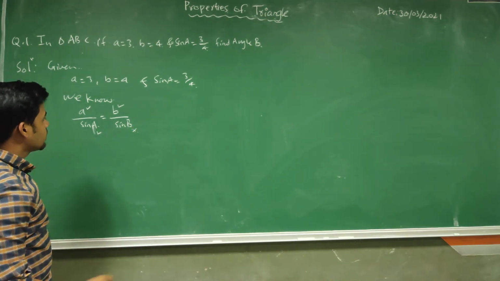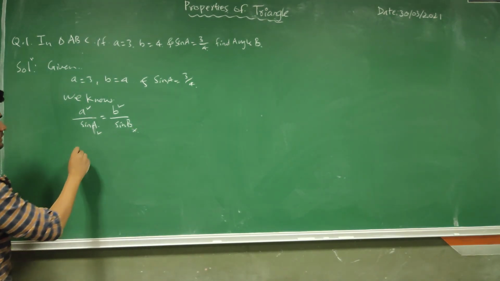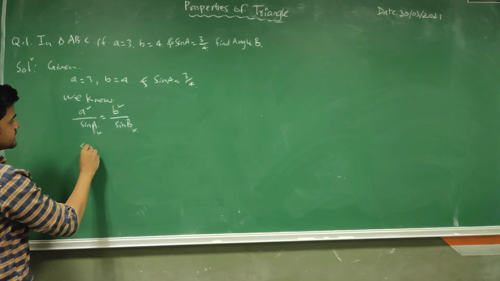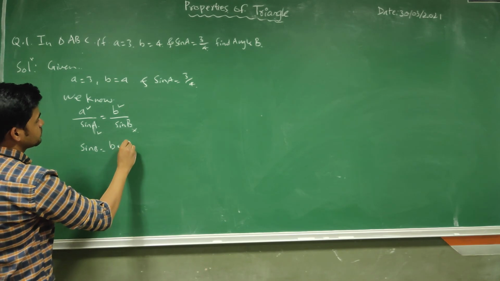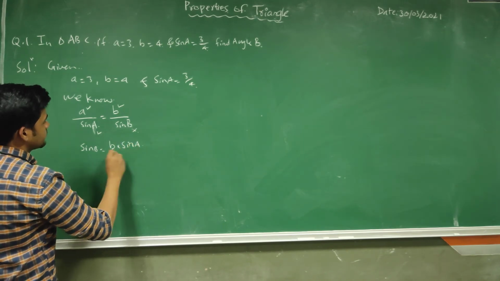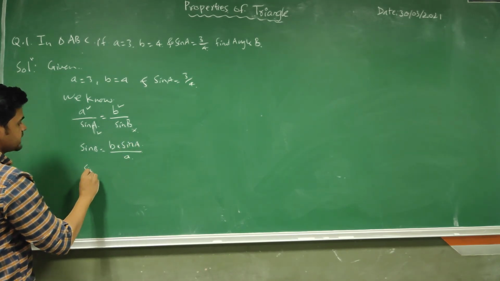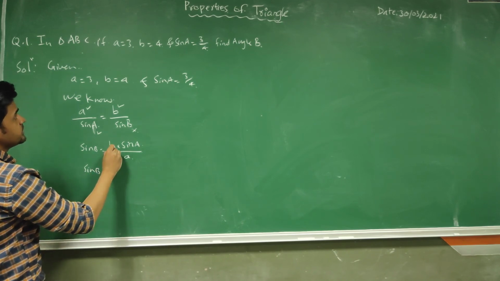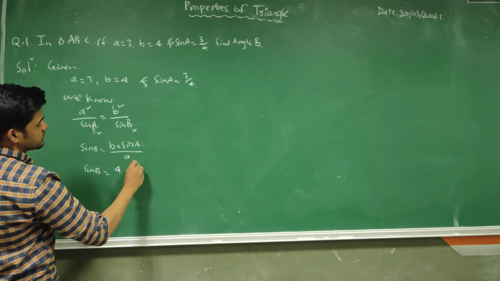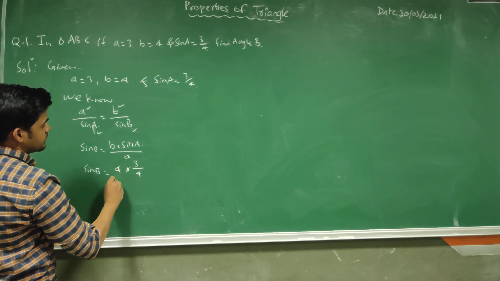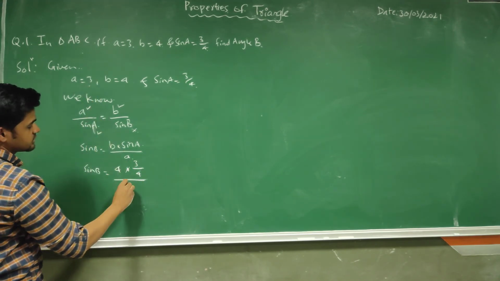So we need to find this sin B. How can I find it? Just take sin B to one side. You will get B into sin A by A. So sin B will be, B is given, that is 4, and sin A is given, 3 by 4, and A is given, that is 3.